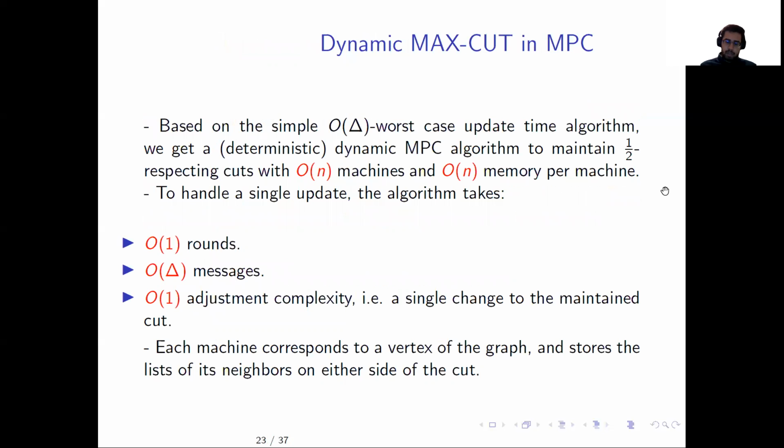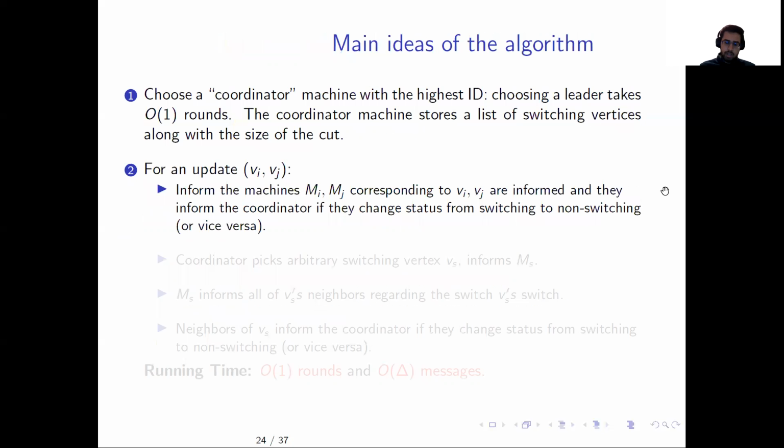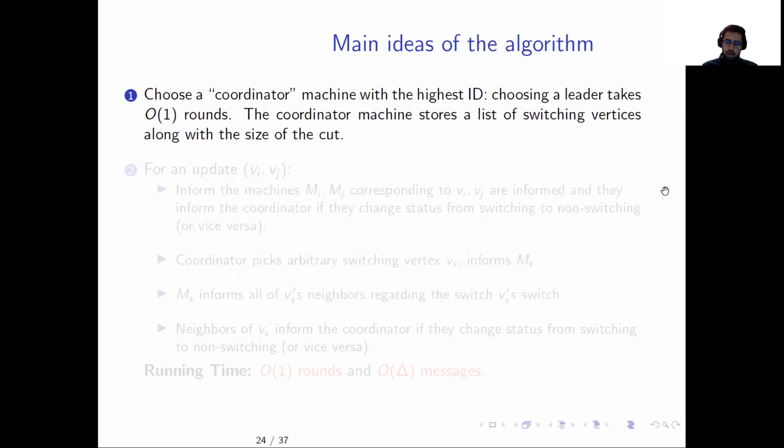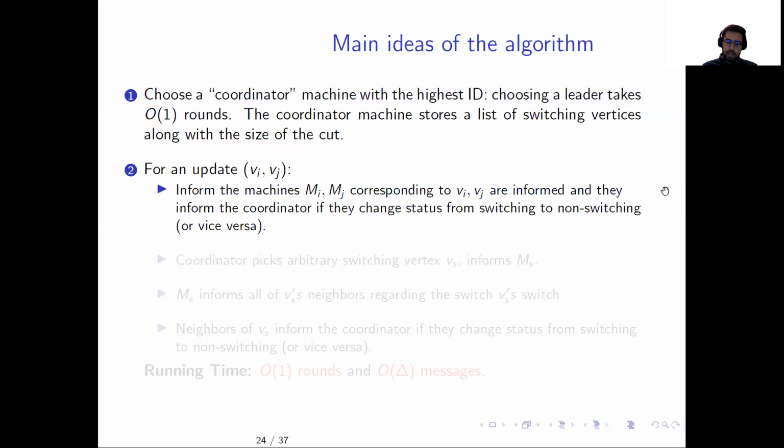So based on our delta update time algorithm, we get an efficient distributed algorithm in the MPC setting. It's a very simple implementation. We just choose a coordinator machine with the highest ID, which is going to store all the switching vertices, and for any edge update, only the machines corresponding to those vertices are informed, and the coordinator then picks an arbitrary switching vertex, and so on and so forth.